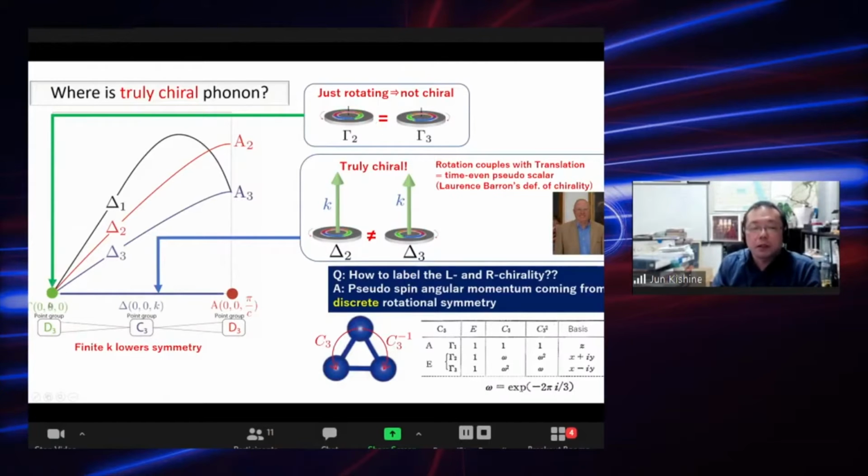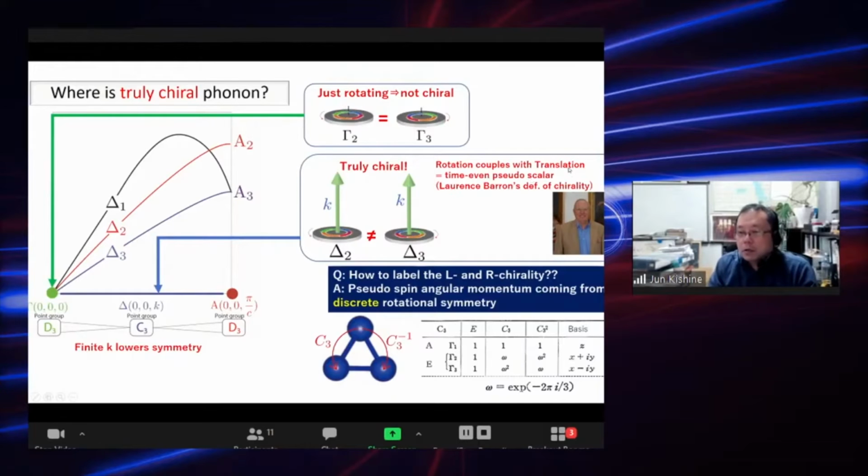Just rotating, not propagating, because k equals 0, 0, 0. So just rotating degrees of freedom are never chiral in terms of the Lorentz-Barron definition of chirality. According to this definition, rotation must couple with translation. This leads to a time-even pseudoscalar physical quantity.